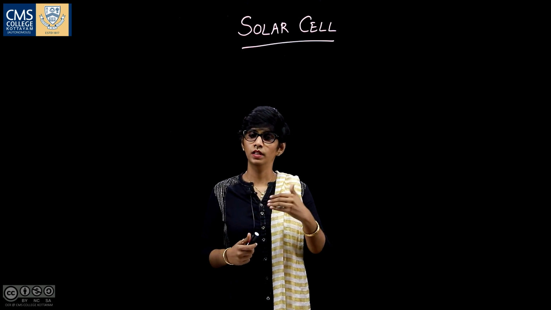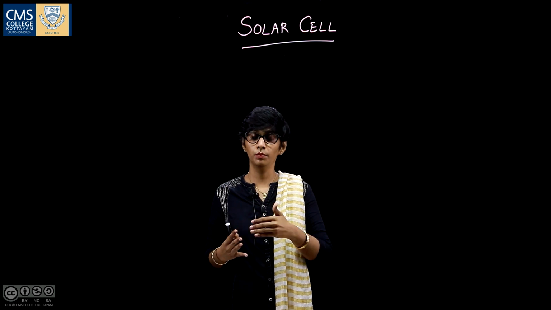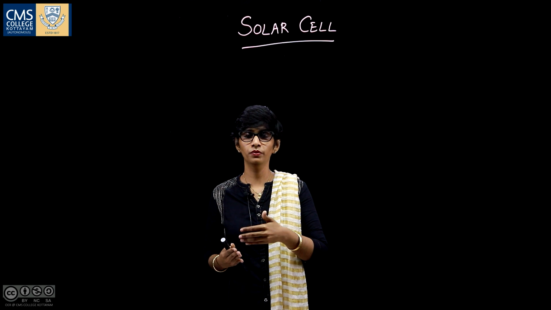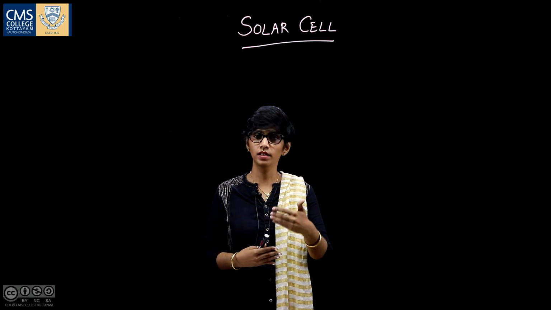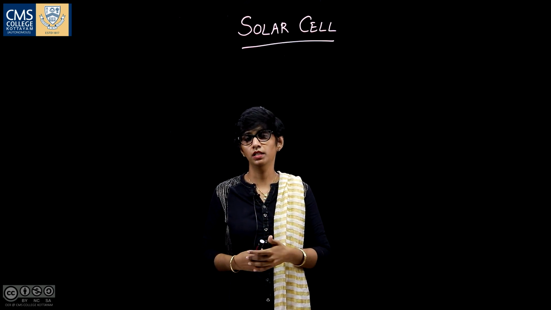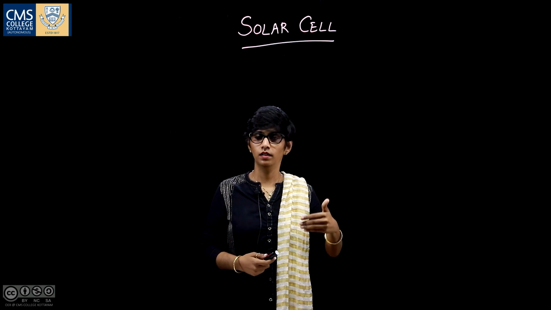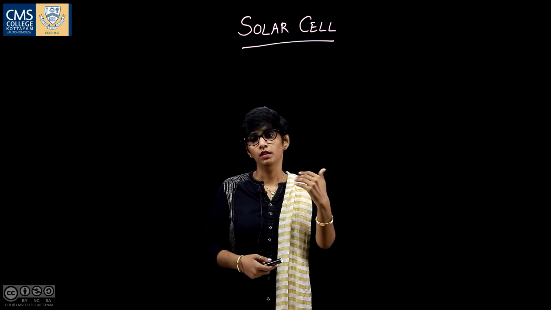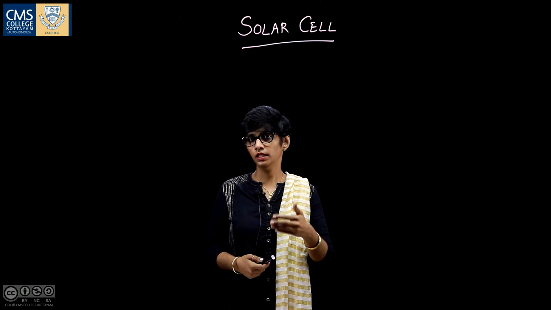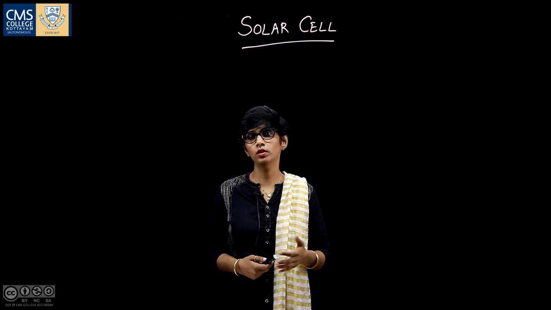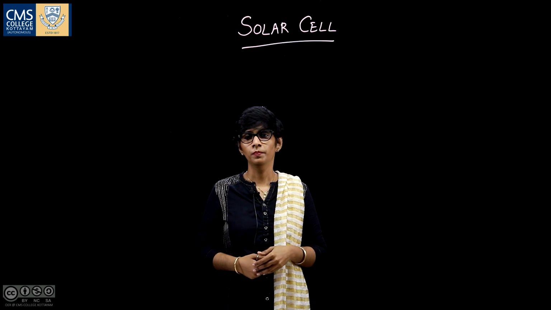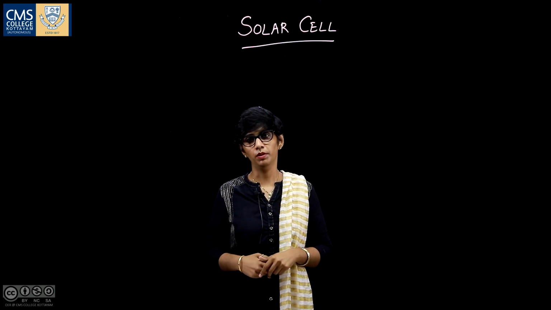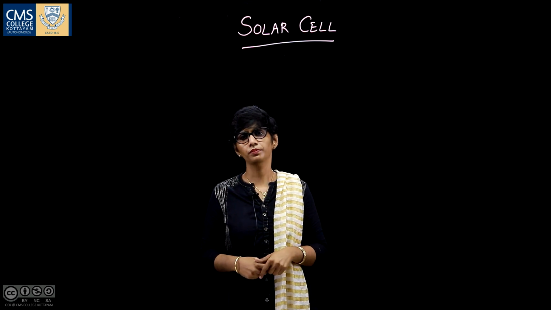So the pure semiconducting material doped in this way, that is, by doping a trivalent impurity, is called a P-type semiconductor, because here we can see excess holes in the material. In such a way, we are getting P-type and N-type semiconducting material.